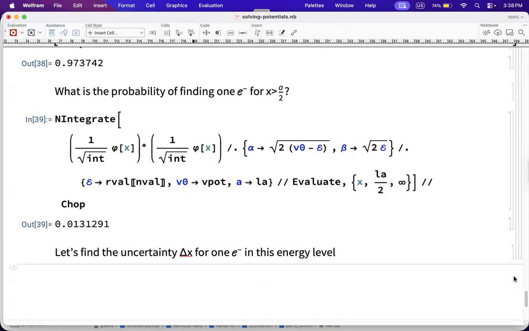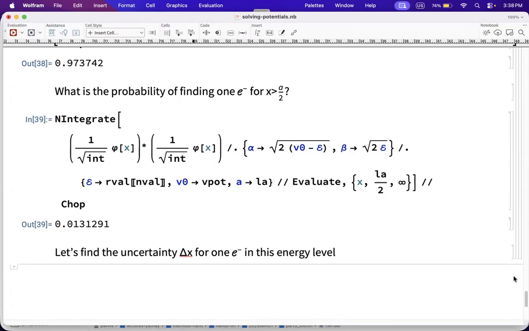Remember, what was this expected value? Remember, first of all, what is this delta x? It is equal to the square root of the expected value of x squared minus the square of the expected value of x, the mean value, right? So what is this, please?